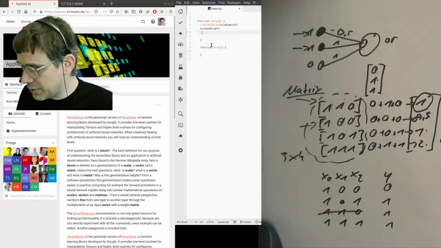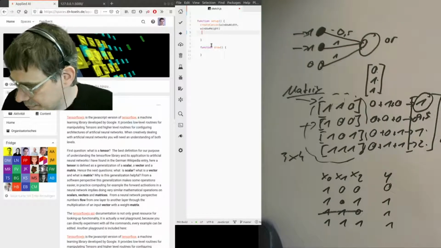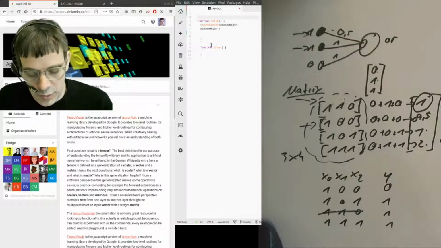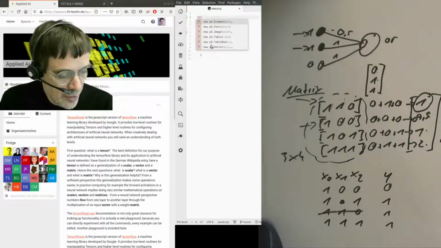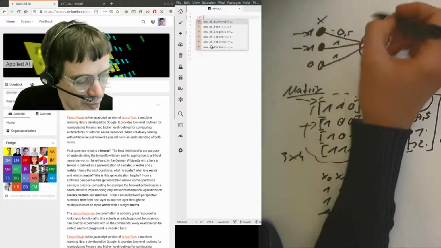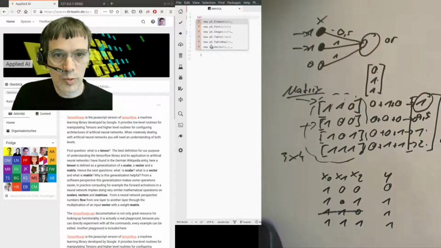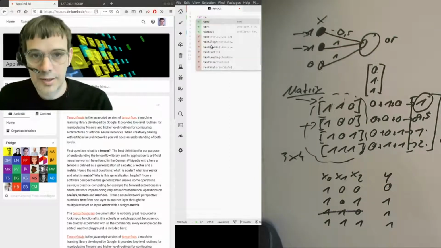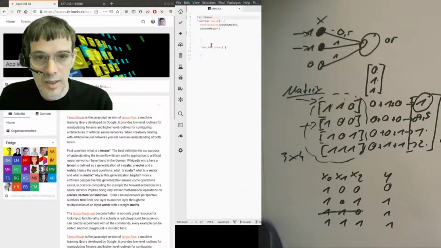Because I tend to forget the definitions. So what we need is we have an input vector. This is what I usually called x. So we call it, because it's a tensor, let tensor x.